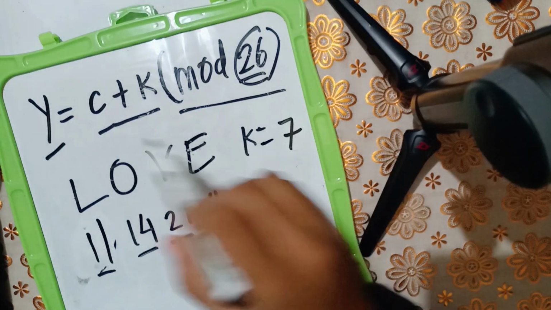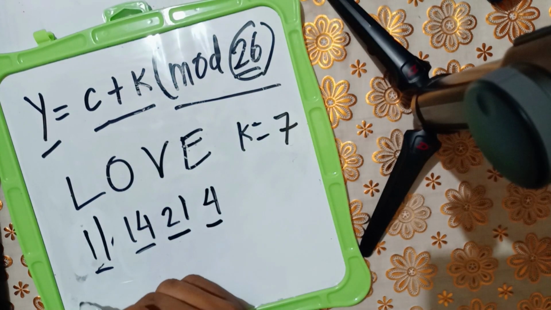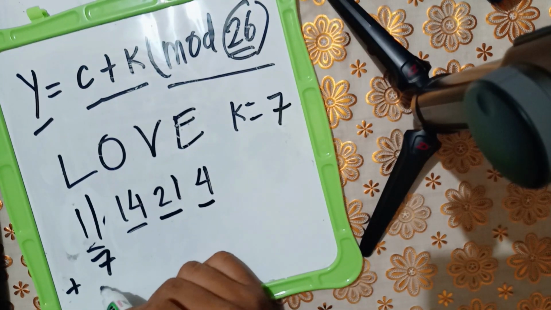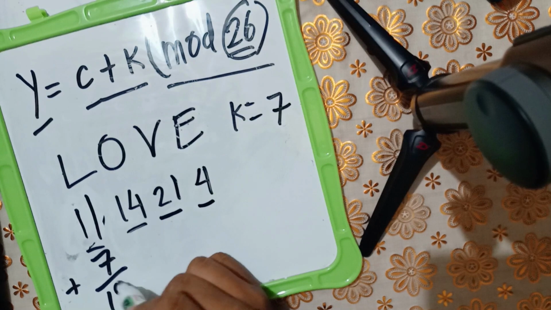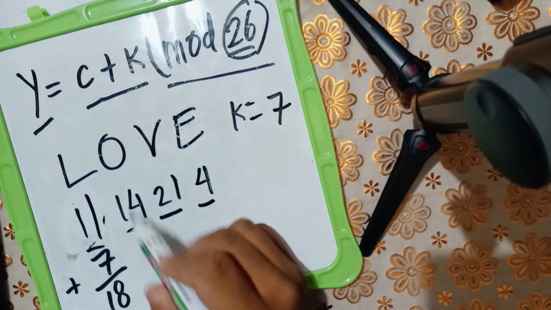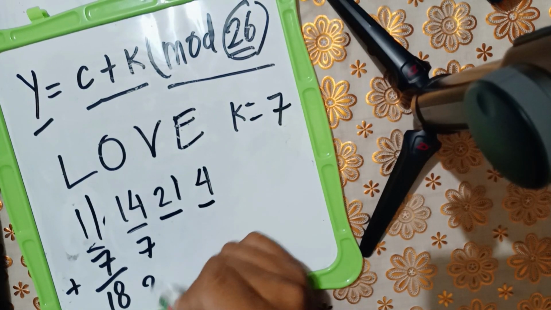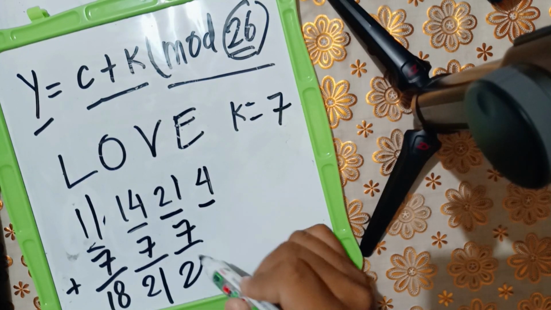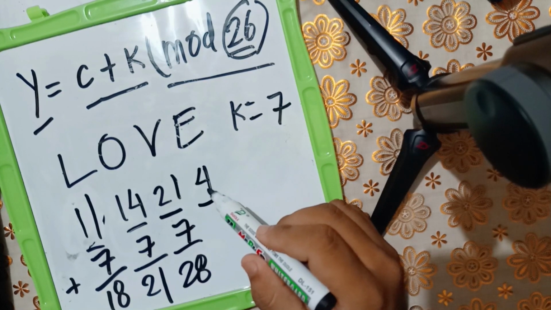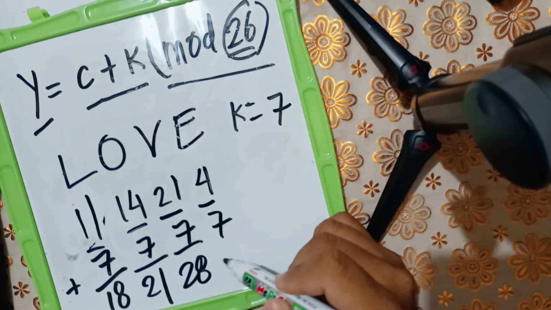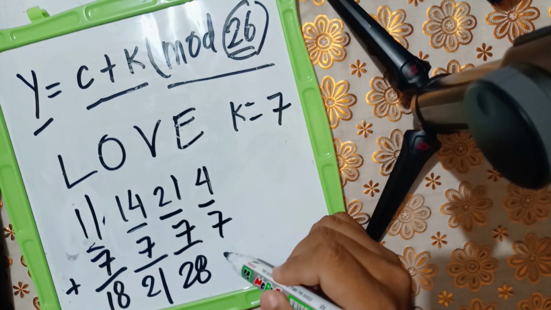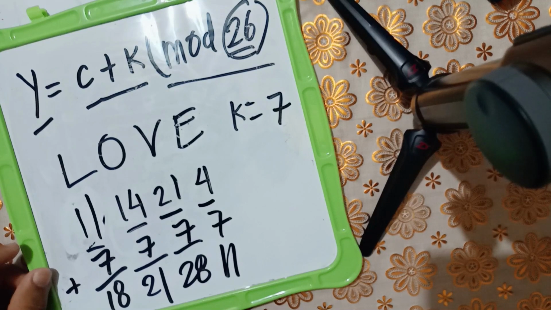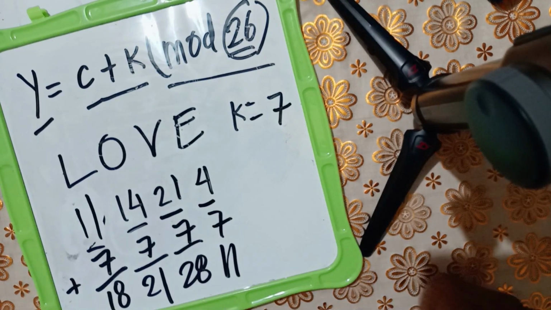So 11 plus 7 is 18. And 14 plus 7 is 21. 21 plus 7 is 28. 4 plus 7 is 11. So now we have 18, 21, 28, and 11.